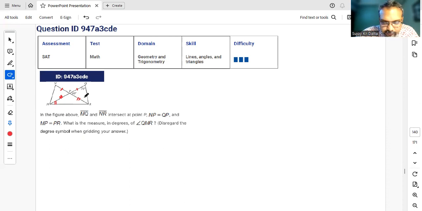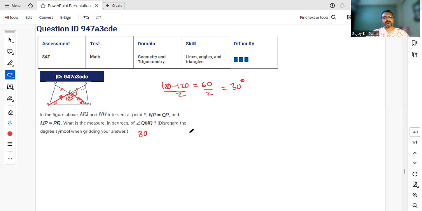So since this is given equal and this is 60, this angle here would be 120, 180 minus 60. Now, if this is 120 and this is isosceles, then these two angles must be equal. So 180 minus 120 is 60, so each of those would be 60 divided by 2. So that's 30 degrees. Answer is 30.